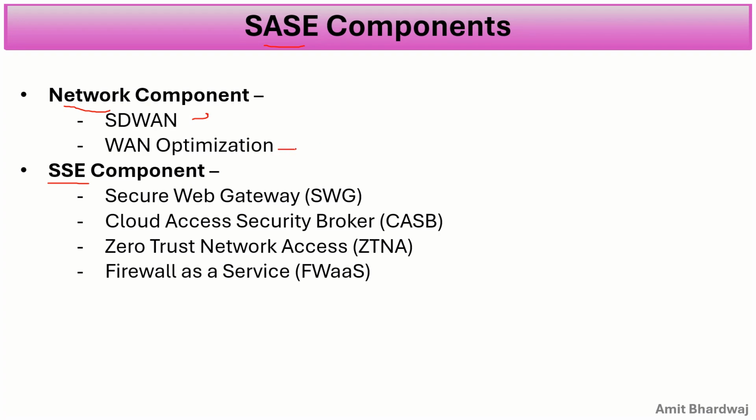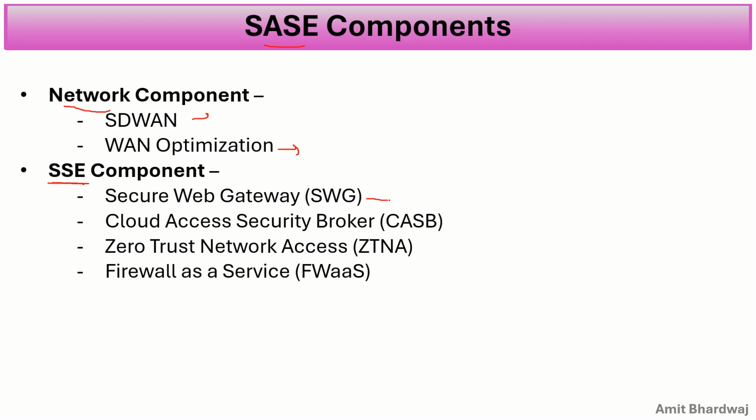WAN optimization in SASE allows enhanced data transfer speeds and reduces latency for better application performance, user experience and related things. Now the SSE component, which is called Security Service Edge, has key components.